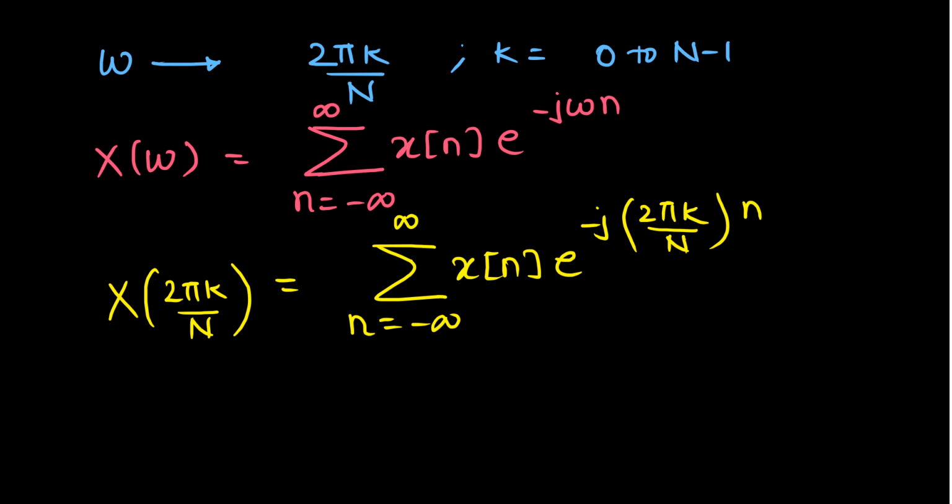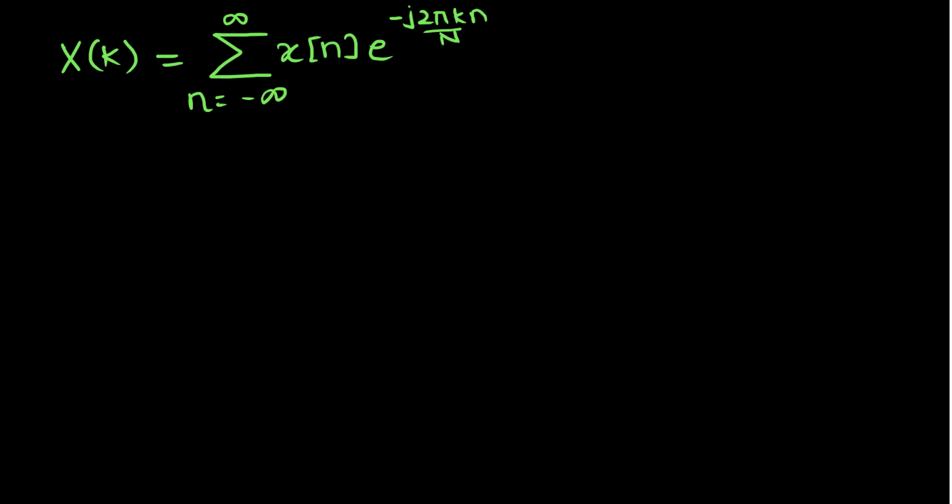Now what we observe here is this 2 pi by n is basically a constant, and the only variable here is k, and therefore this entire expression is basically a function of k. So we can simply write this as x of k.